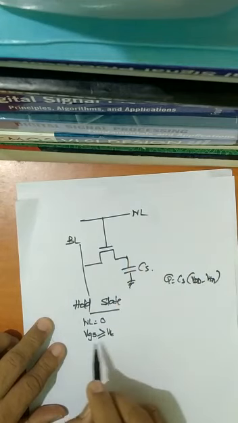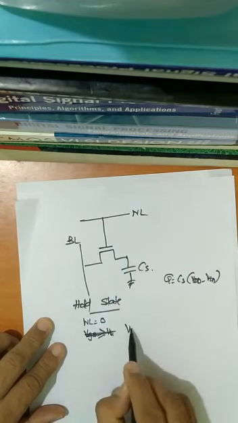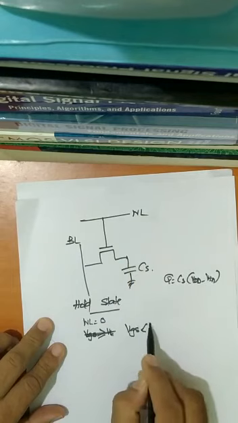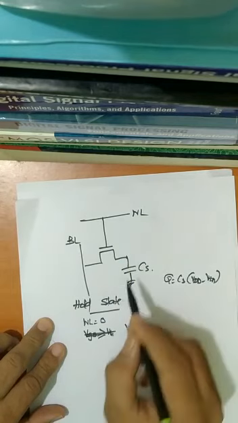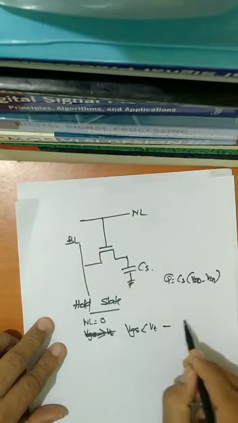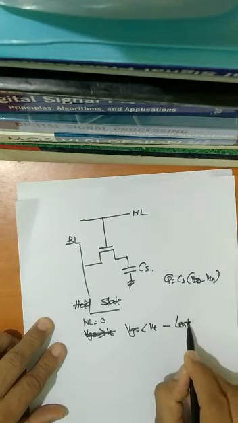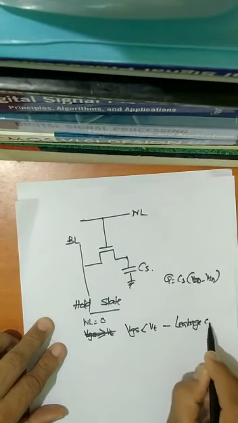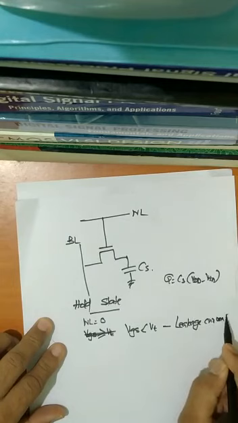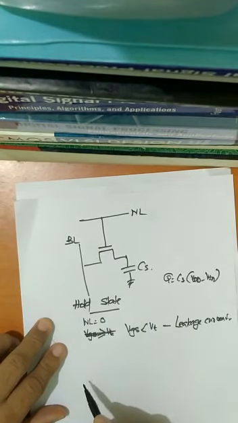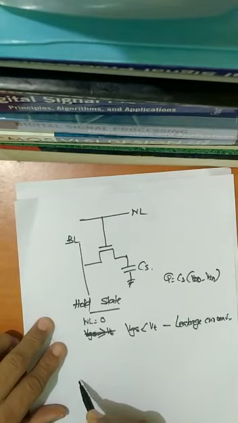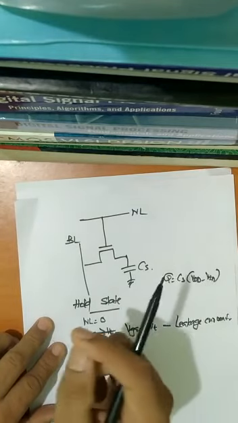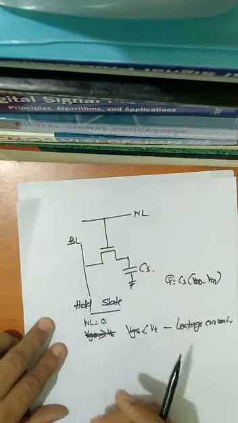But during VGS less than VT, that is the condition now, there will be leakage current through the transistor. This leakage current is driven by the EMF.